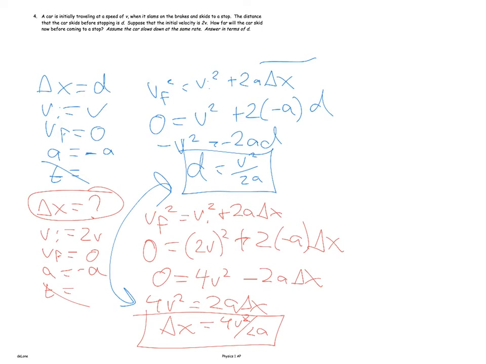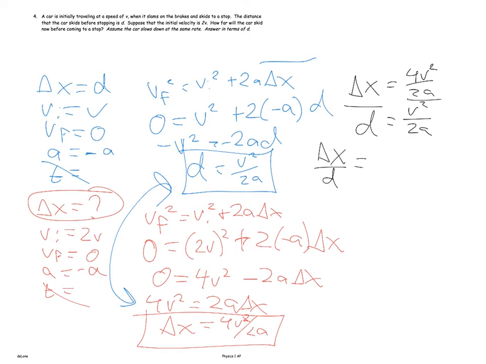that we talked about somewhat in class, and that is dividing equations. So I'm going to say delta x equals 4v squared over 2a, and d equals v squared over 2a. And I'm going to divide those two equations. So on the one side, I'm left with delta x over d.